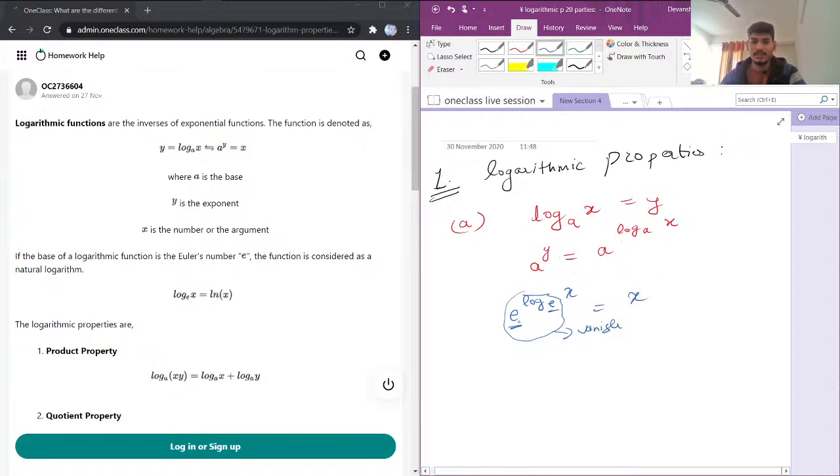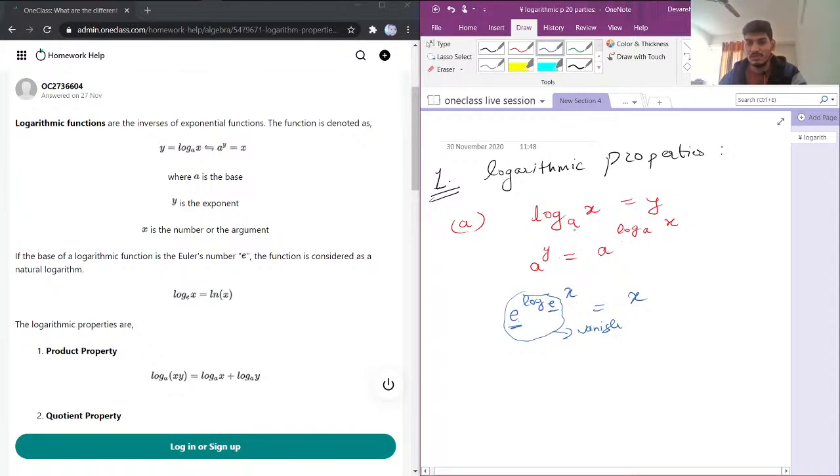So e power log base e x equals x. So if the number at which we are raising the log is the same as the base of the log, then the log vanishes and we have only x.